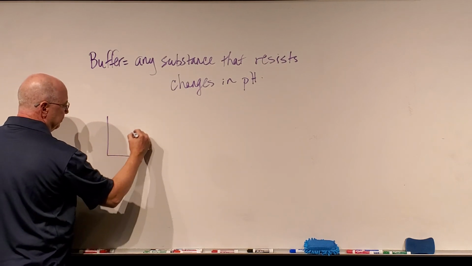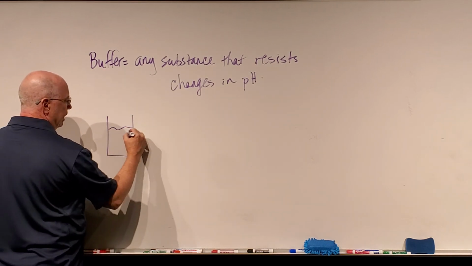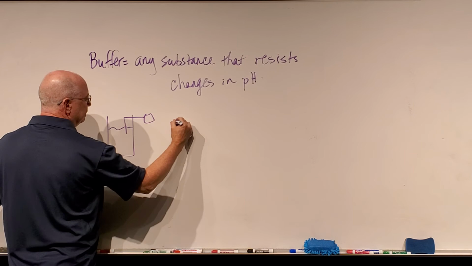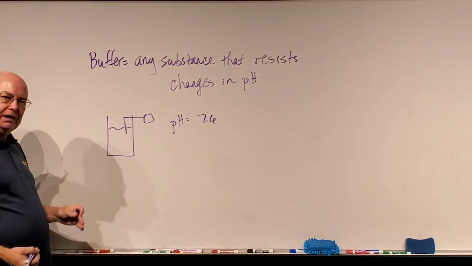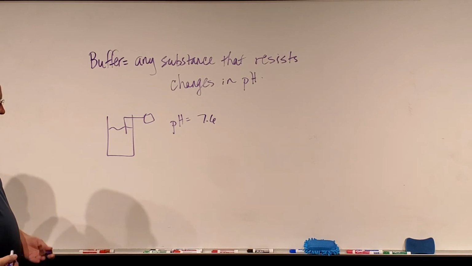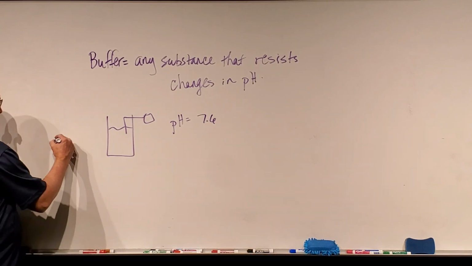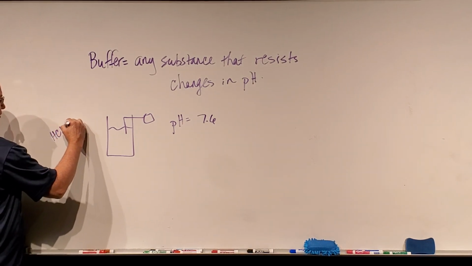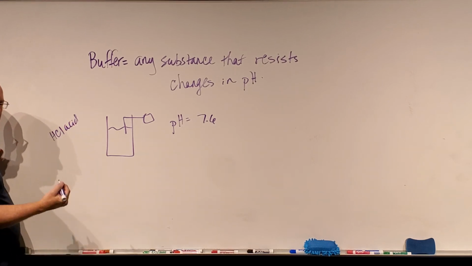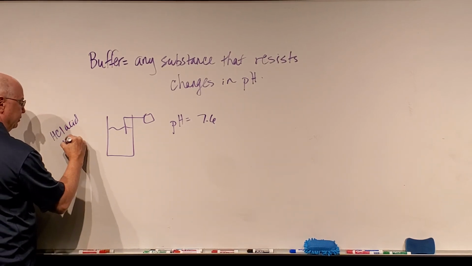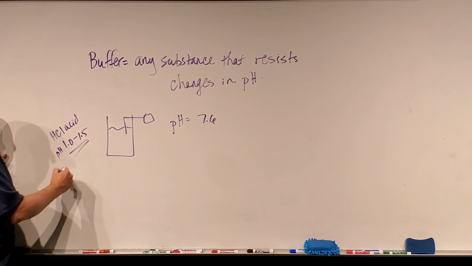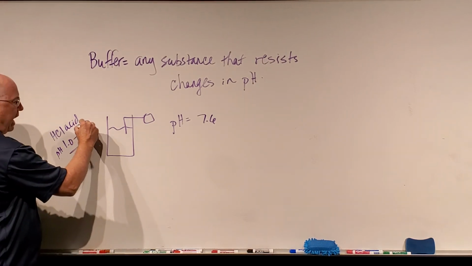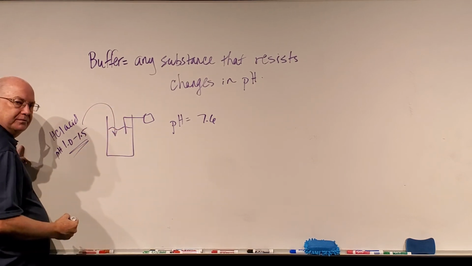So let's say I have a substance here, and I got my pH probe, and it tells me that the pH of this substance is like 7.6, okay? It's a slight base. And let's say I take a really strong acid. Let's say I take hydrochloric acid, HCl, which is stomach acid or bleach, real bleach. The pH is about 1.0 to 1.5, really strong acid. And I add some of that acid in here.